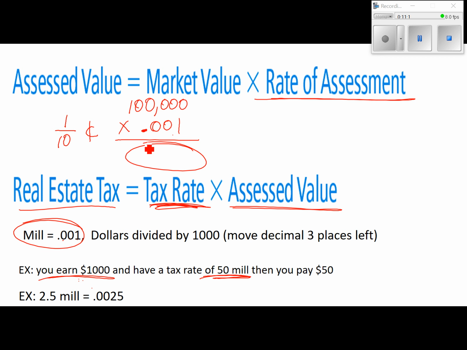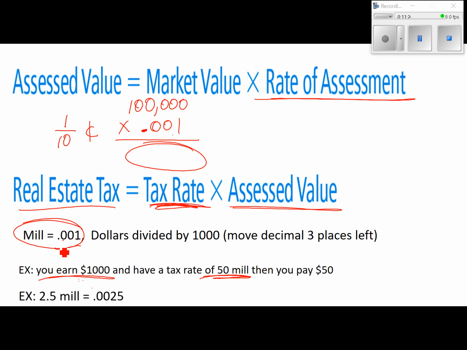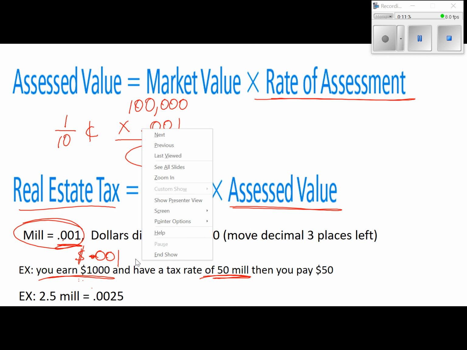So if your house was worth $10, you'd owe them 1 cent. If it's worth $20, you'd owe them 2 cents. And so on, and so on. So know what a mill is? It's $0.001. It's like a tenth of a cent, a tenth of a penny, is each mill.